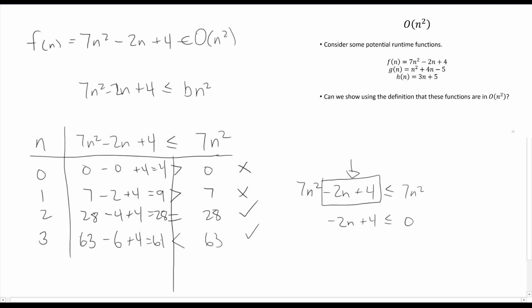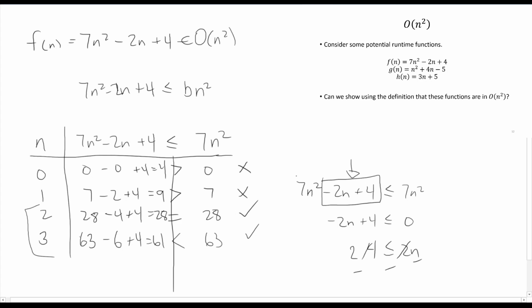Now, what we did in this table over here, finding x's and checks, was trying to find out when this term was negative. And a little bit of extra algebra does that for us here too. I'm just going to move the 2n to the other side and then finish off our algebra. And it tells us n must be greater than or equal to 2. Well, that's what we just found here too.